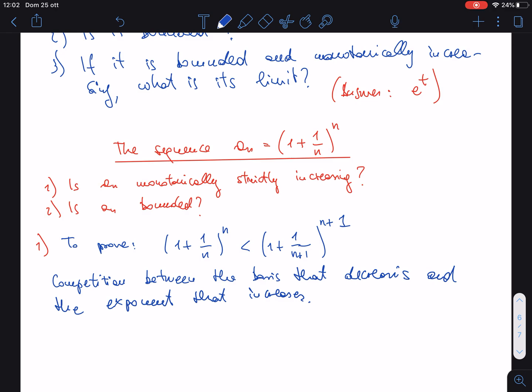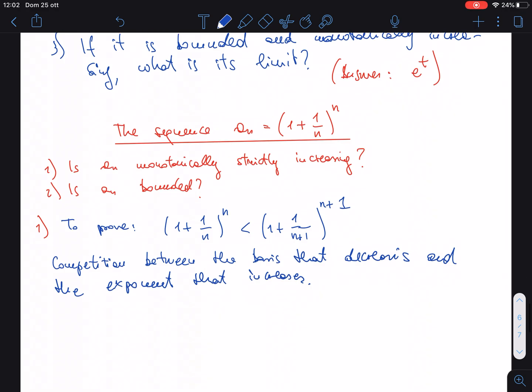This problem is not easy at all. It is not directly solvable with simple estimates and so on. So the problem is not elementary.